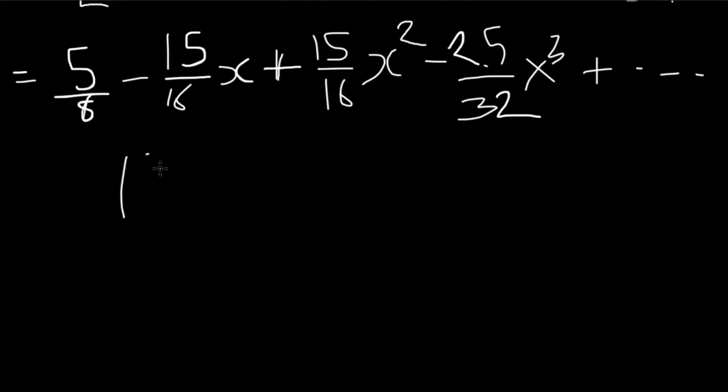So this part is what we're going to get, and say the absolute of x over 2 is less than 1.